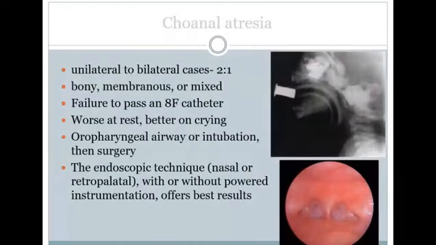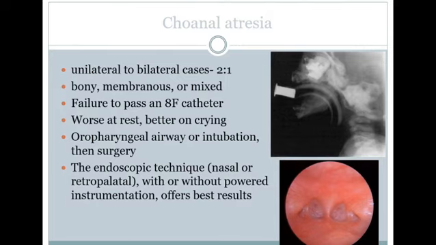Okay, a word about choanal atresia or choanal stenosis. We talked about choanal atresia being the commonest congenital cause of stridor just now. If you have bilateral choanal atresia, you are born with it. Immediately at birth, you'll find it difficult to breathe. Why? Because in the nose there's no space for breathing.